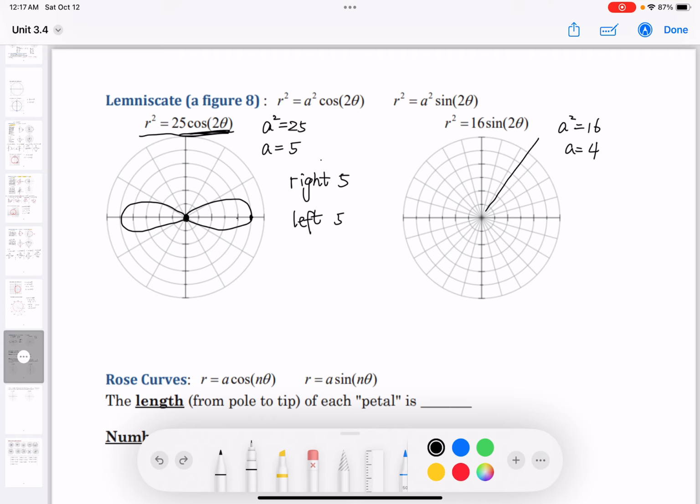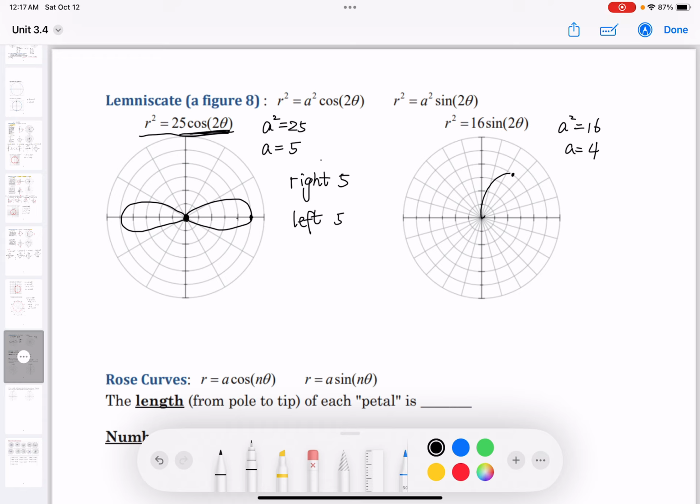So this is the angle 45. So my figure 8 will start from 45 degrees. And the a, 1, 2, 3, 4. So a is the length of the petal, or the half of the 8.